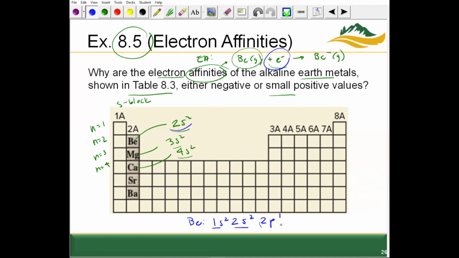We will enter a new subshell when we're forced to add on an electron to any of these alkaline earth metals. For magnesium, that's 3s2. So for any of these alkaline earth metals, they all end in 2s2, 3s2, 4s2, and so on.